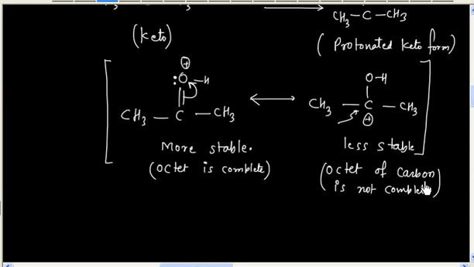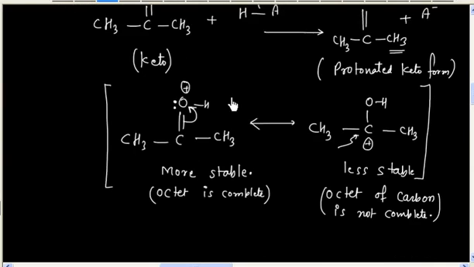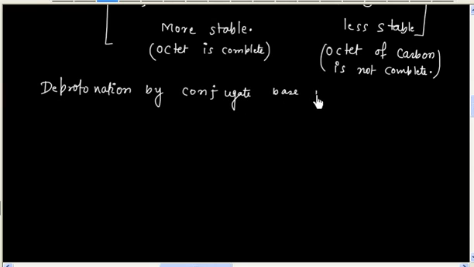Now in the next step, the conjugate base can take a proton from CH3 and it will generate enol form. So the next step is deprotonation by conjugate base A minus.